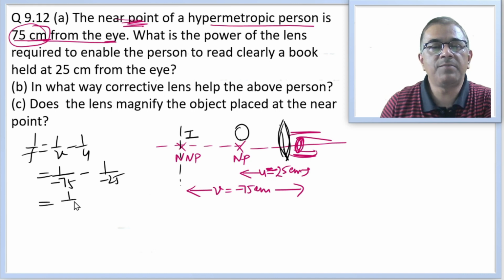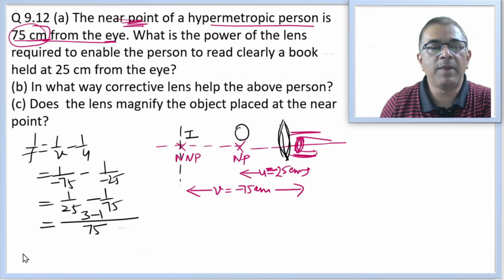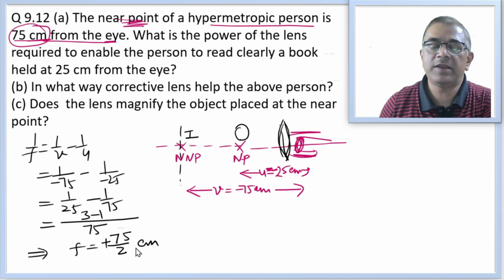So this is 1 by 25 minus 1 by 75, and taking 75 as LCM, this is 3 minus 1, which implies that F should be equal to 75 by 2 centimeter.